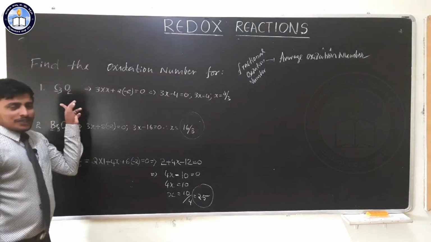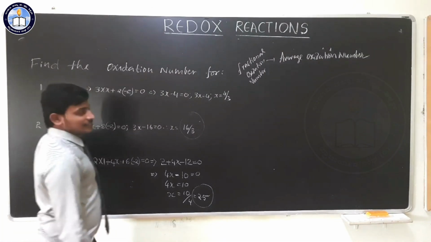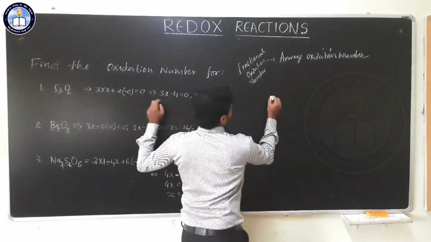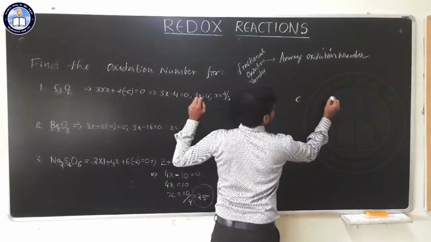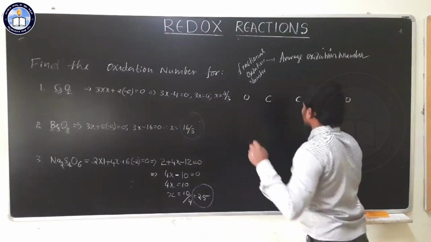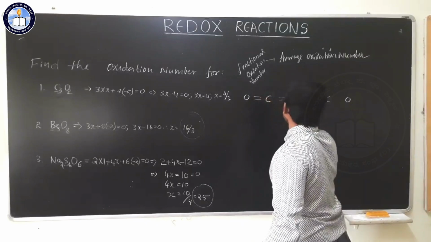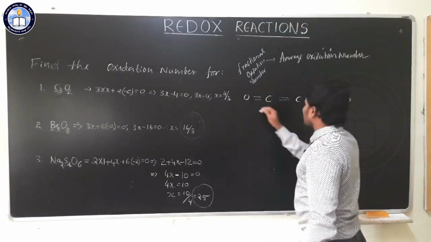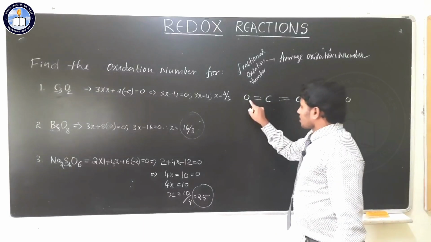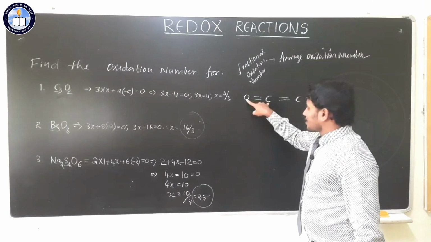Now I'm going to draw the structure for these three molecules. Let me start with the first one, C3O2: carbon 1, 2, 3, one oxygen here, another oxygen here. The bonds are double bonds throughout.